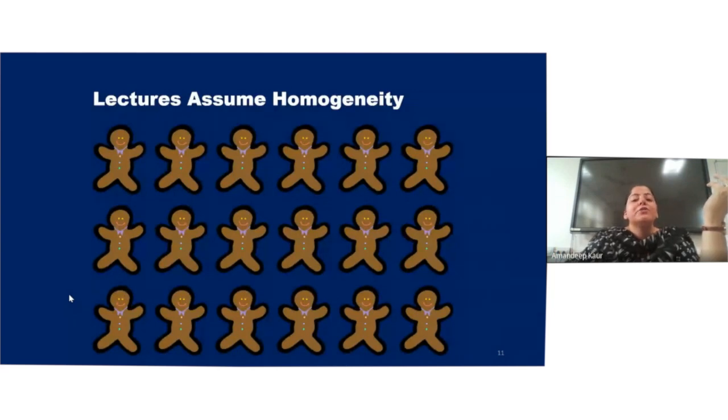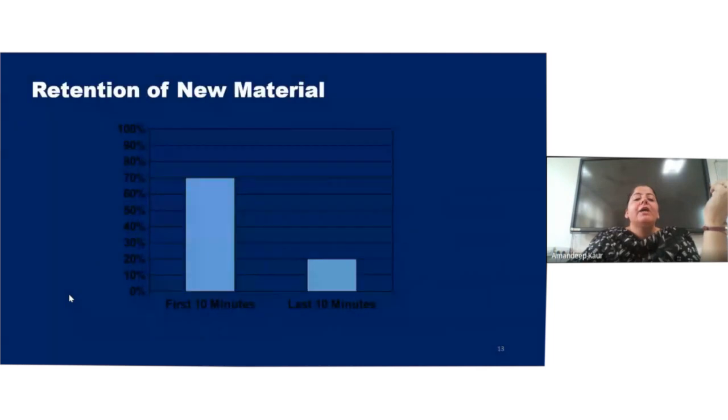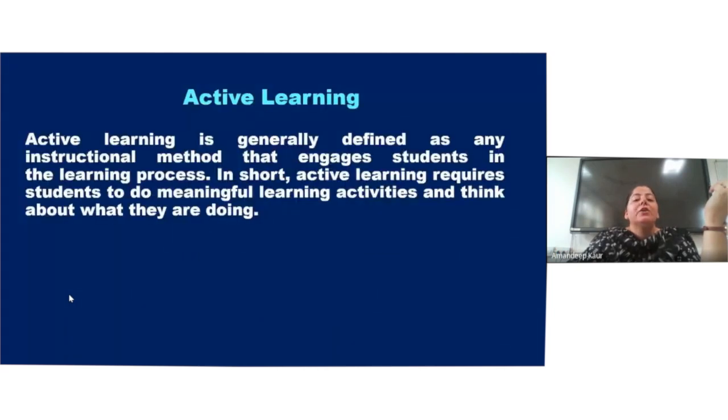There may be students who have a different kind of inclination towards that particular subject. But when the teacher is just explaining verbally without giving any activity or task to the students, many of the students feel disengaged, and retention of the material starts decreasing as the lecture continues. So most of the students are physically present, but mentally they are not available.